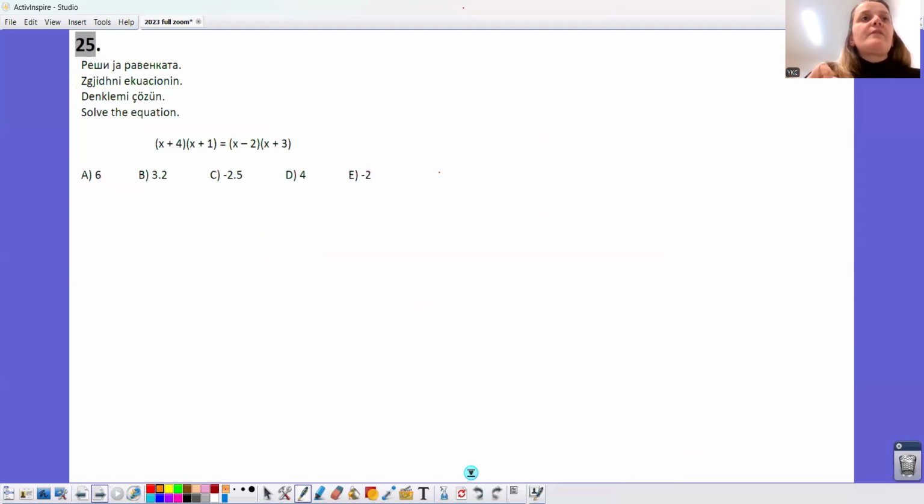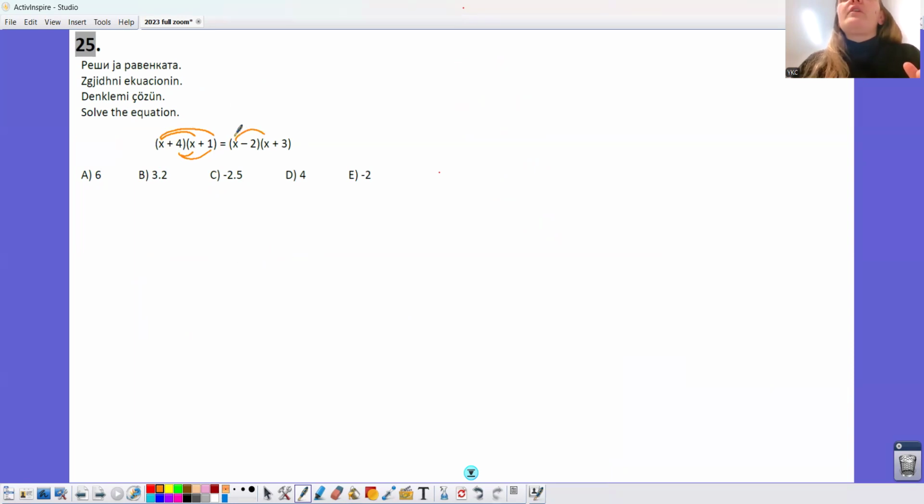Now, the 25th one. The 25th one is an equation given. It is given as a multiplication of different expressions. So what we need to do first to solve is to get rid of the parentheses. So I need to multiply one by one. I'm multiplying firstly by x, both of them, then by 4, both of them, for the first part.